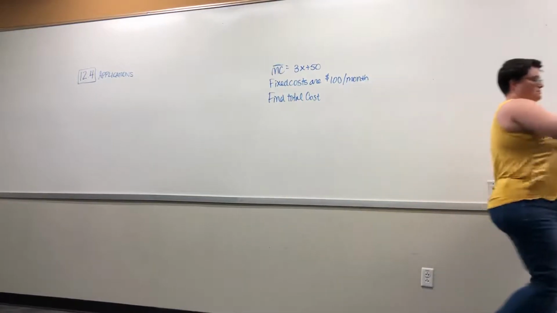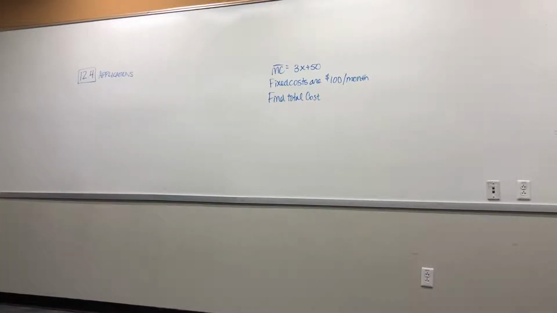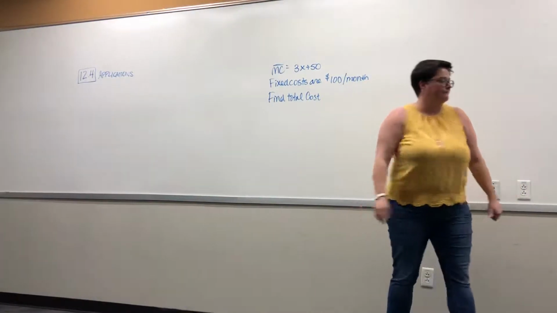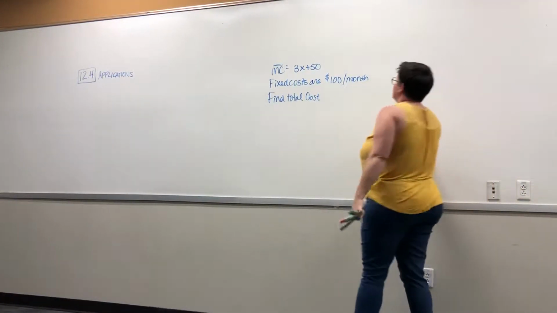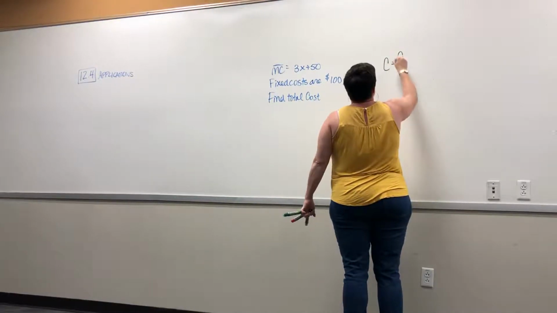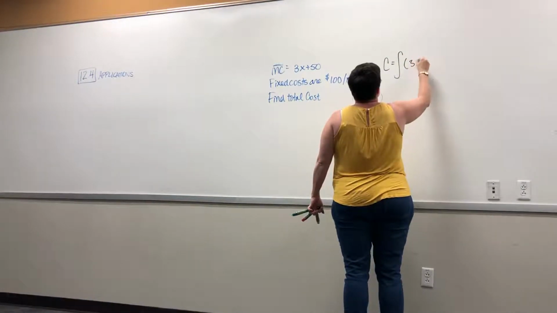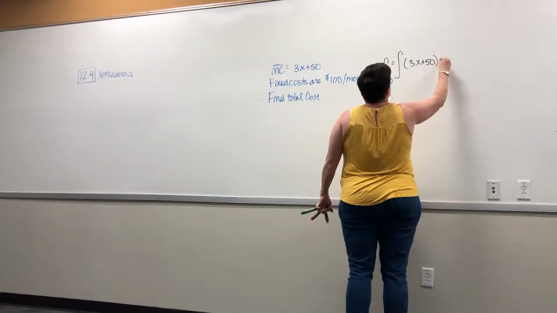You're gonna integrate. Integrate what? The 3x plus 50. With respect to what? dx. X. Is this integral 1, 2, 3, or 4? 1. So the cost is the integral of 3x plus 50 with respect to x.